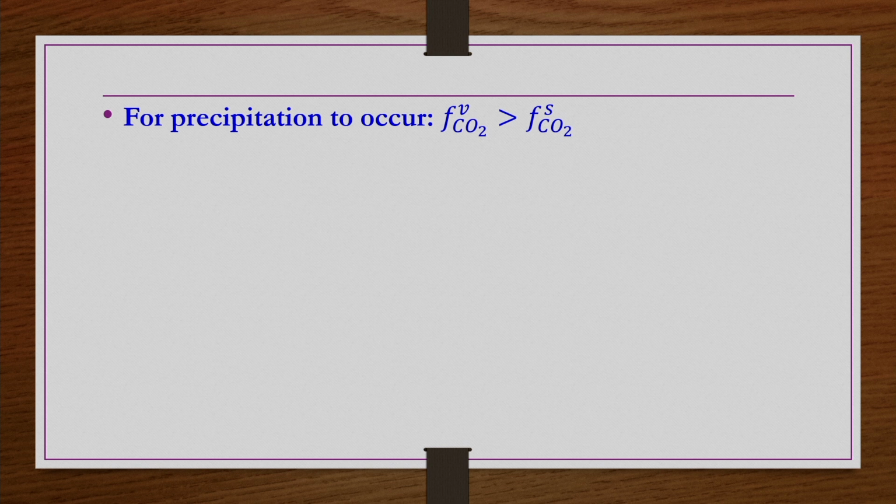Precipitation in the sense that initially a gaseous mixture is there, and we are bringing it to the solid state. So, if the chemical potential in the vapor phase is high, then it will transfer from the high chemical potential to the low chemical potential side, assuming the solid or compressed side is at low chemical potential, and then precipitation will occur.